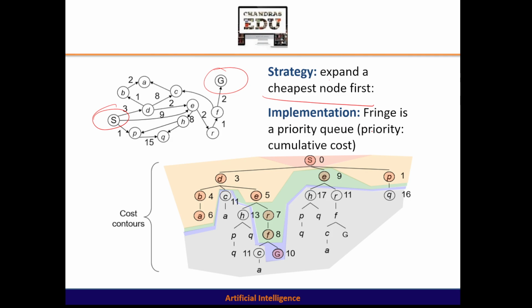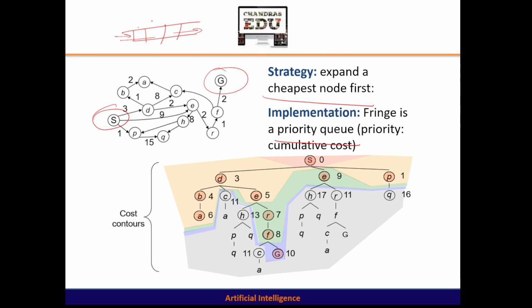How is the implementation done? Here, fringe is a priority queue. A queue also uses first in first out, but we can assign a priority to any element in this queue. So this is how the queue will try to enter and it will try to leave.